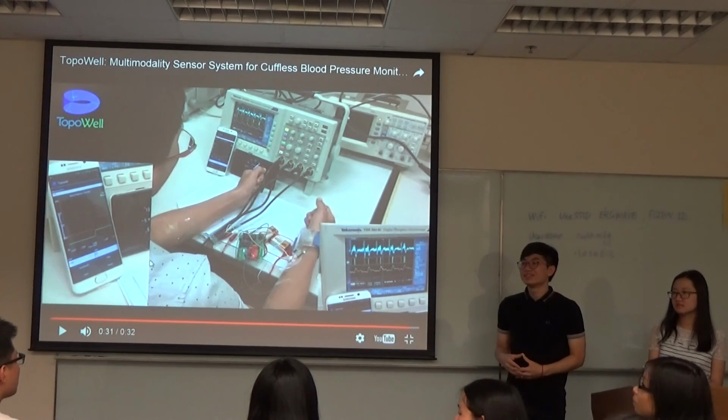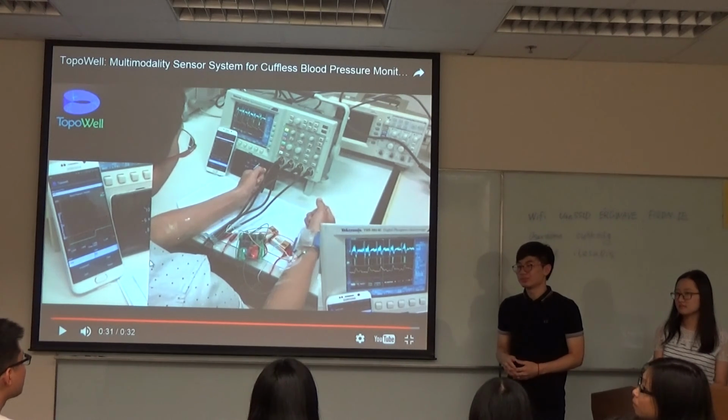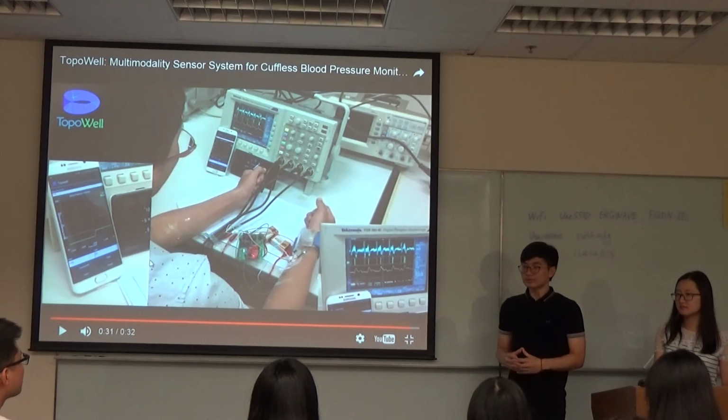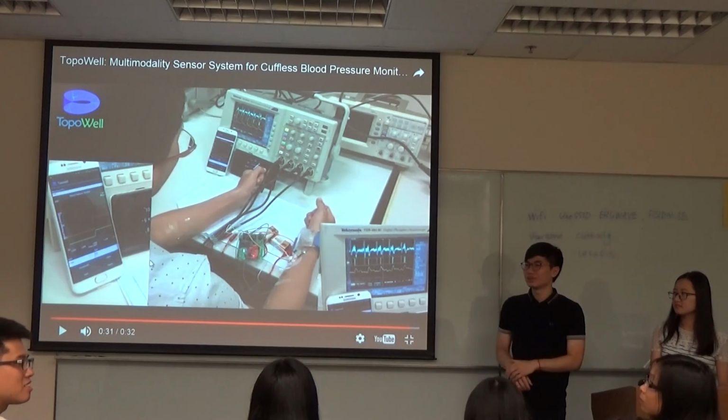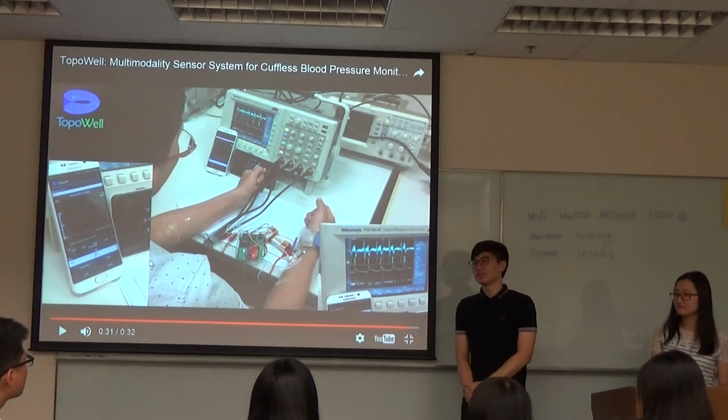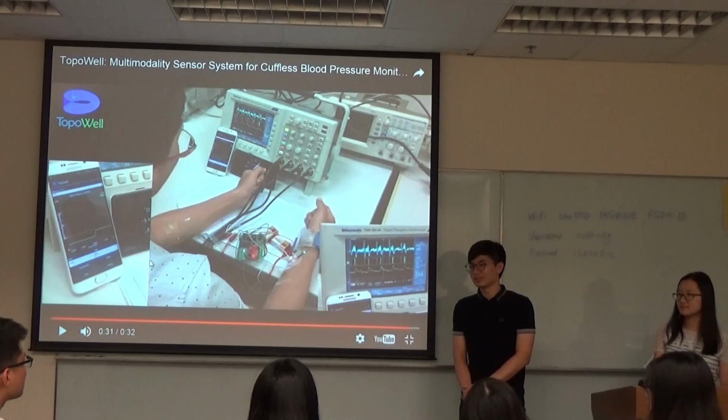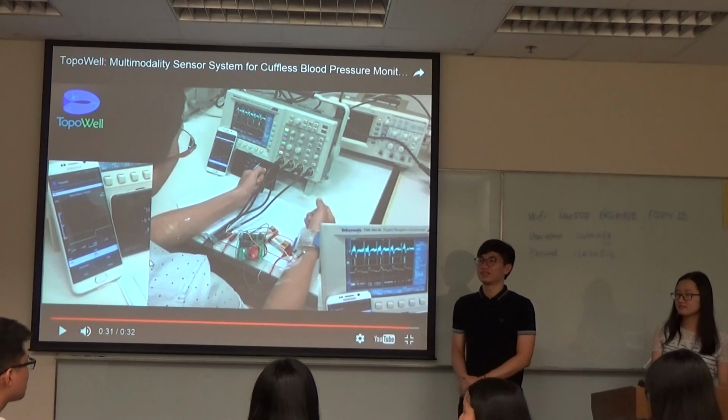So you have two kinds of signals. One is an electrical signal, one is a mechanical signal. When you have a pulse, you generally have these two kinds of signals. The electrical signal goes faster, so it comes to your sensor first. And then the mechanical one goes slowly, so you have a delay.